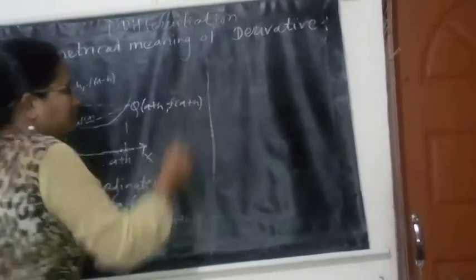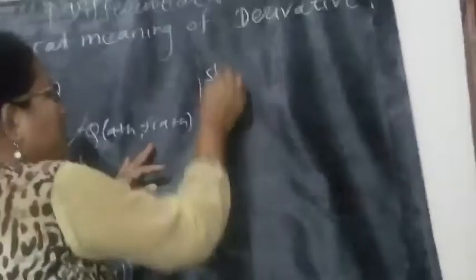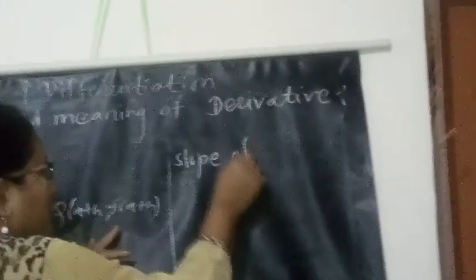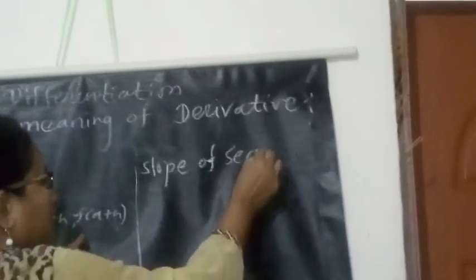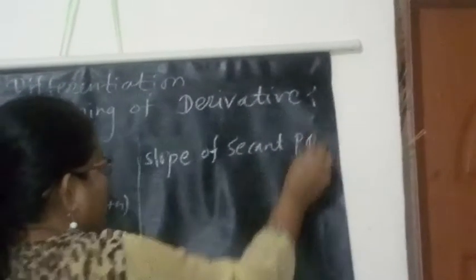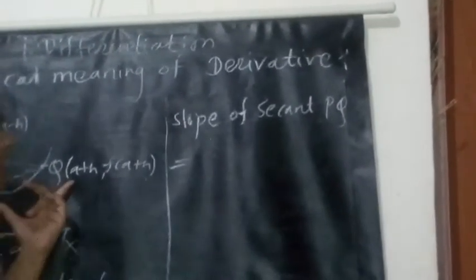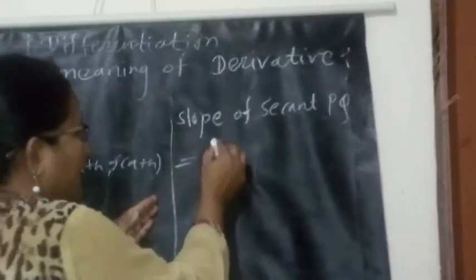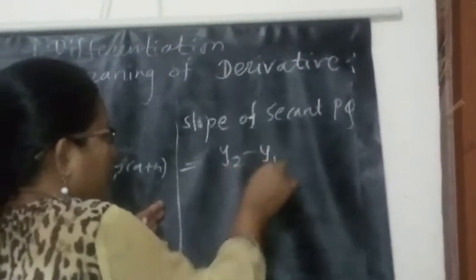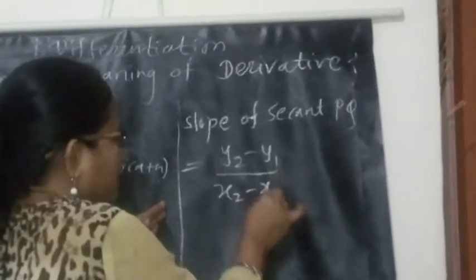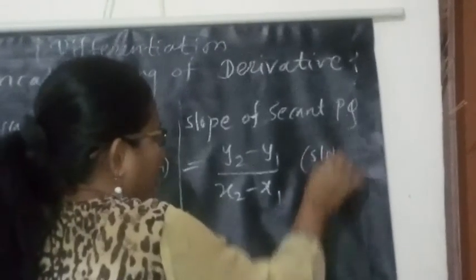Therefore the slope of secant PQ is equal to, here we have to use the slope point formula because 2 points and their coordinates are given, and therefore by the slope formula we can write y2 minus y1 upon x2 minus x1.